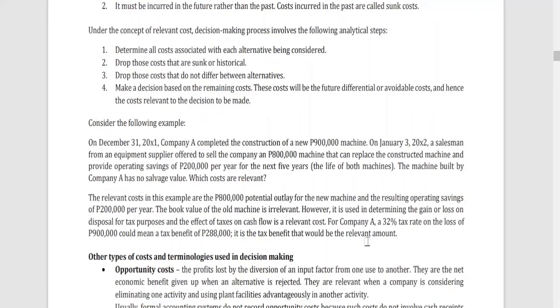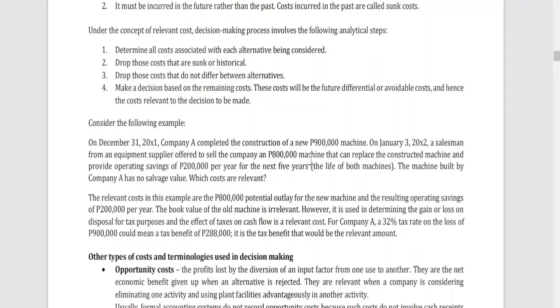So consider this example. On December 31, 20X1, Company A completed the construction of a new 900,000 machine. On January 3, 20X2, a salesman from an equipment supplier offered to sell the company an 800,000 machine that can replace the constructed machine and provide operating savings of 200,000 per year for the next 5 years, which is the life of both the machine.